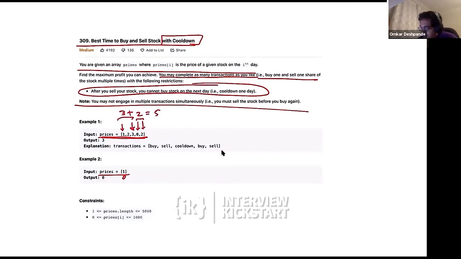Now, because of the constraints of this problem, we can't buy the stock at a price of 0 because we just sold it on the previous day at a price of 3. So we have to wait for at least 2 days.